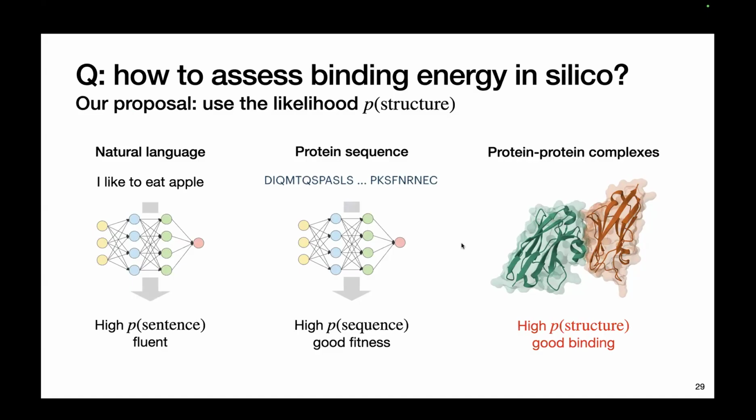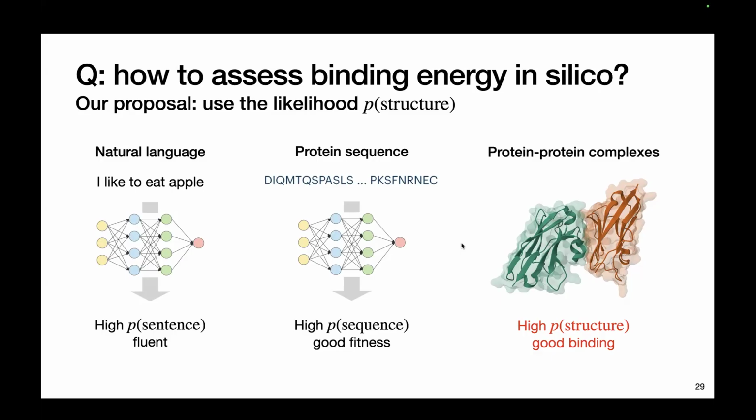If you're familiar with language models in natural language, you know that these language models are trained to optimize the likelihood of natural sentences collected on the web, right? And if you have a sentence that has high likelihood under a language model, then you're probably confident that this sentence is grammatical and makes sense, right?